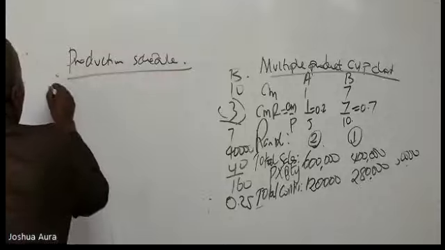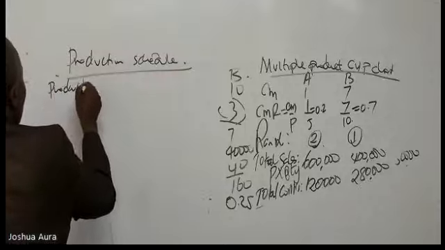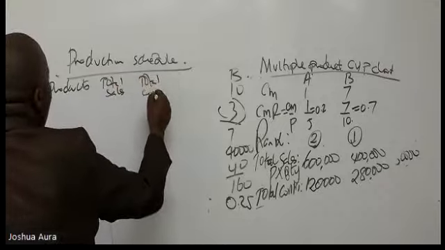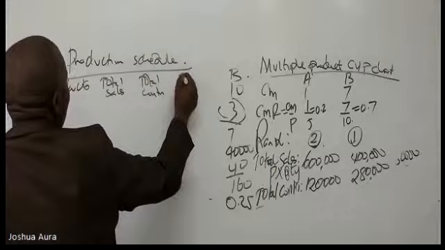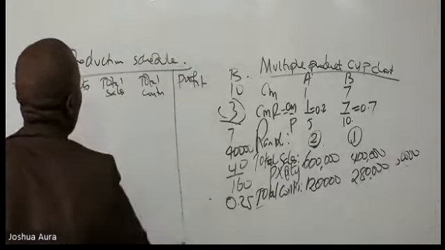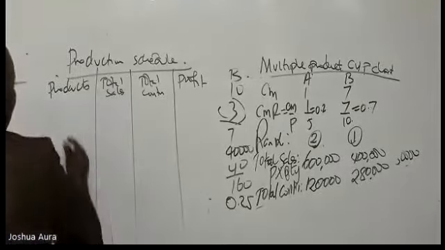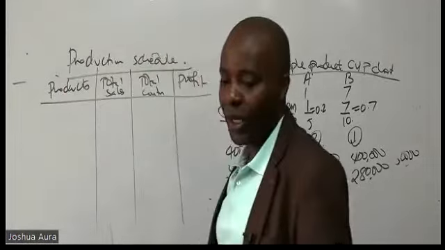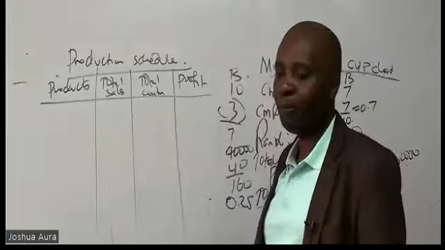In this case here we have products, total sales, total contribution, and then profit, just like that. Very easy like that. I love it when it's a 2-product case.